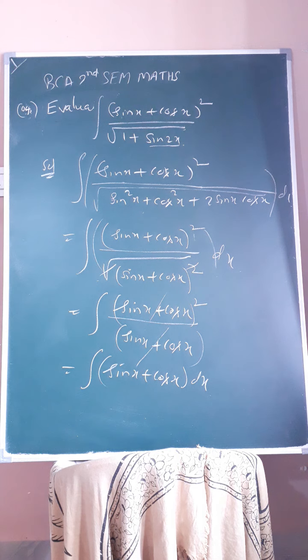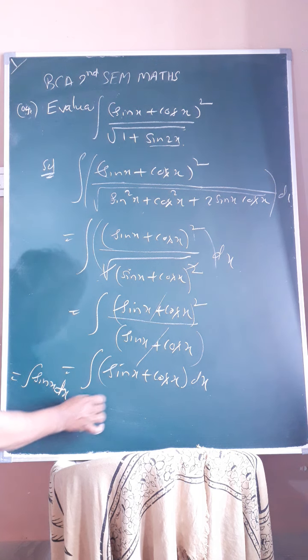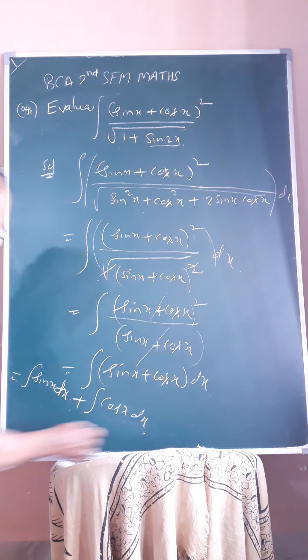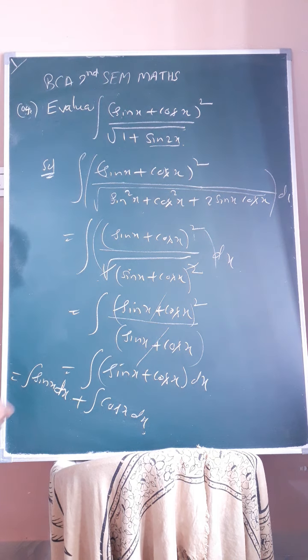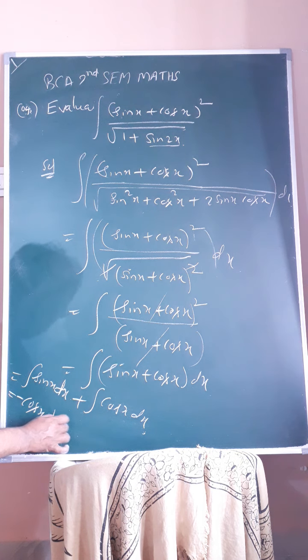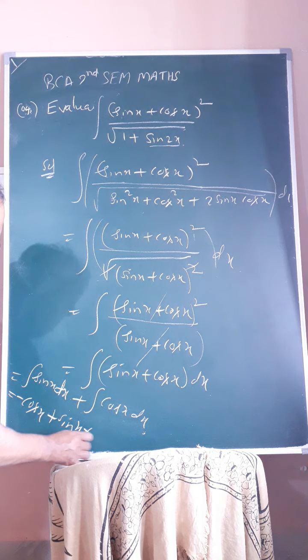Now split the terms: integration of sin x dx plus integration of cos x dx. Integration of sin x is minus cos x. Integration of cos x is plus sin x plus c.